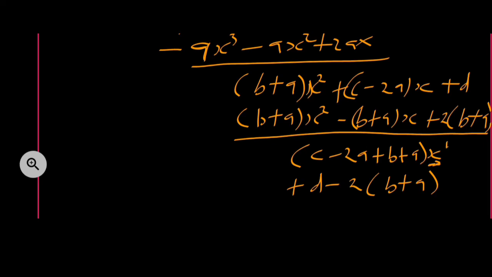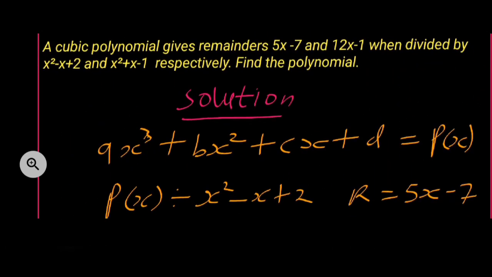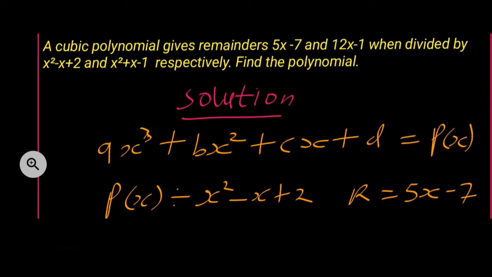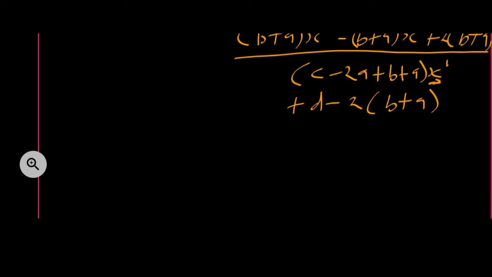Now remember that from the question, we were told that when the cubic polynomial is divided by the quadratic, the remainder is supposed to give us 5x minus 7, which means that the remainder we got is the same as 5x minus 7.